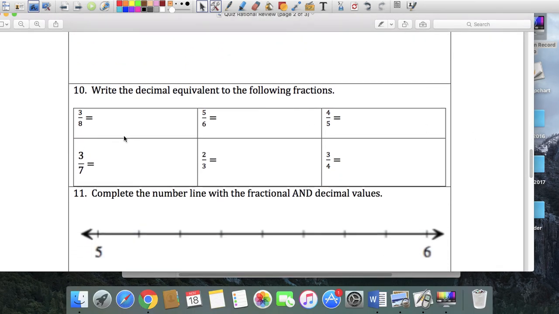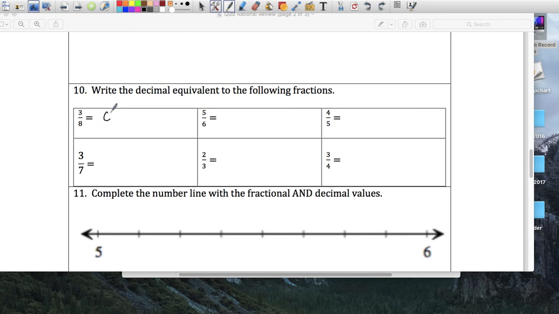Write it as a decimal. So take out the sheet. You need to memorize this. 3 divided by 8, in this case, is 0.375. 5 over 6 is going to be 0.83 rounded. 4 over 5 is going to be 0.8 or 0.80, whichever you choose. I'm okay with that.